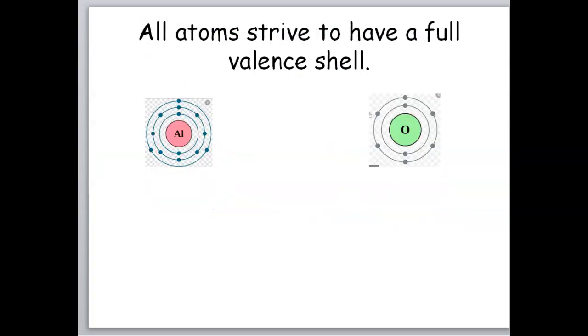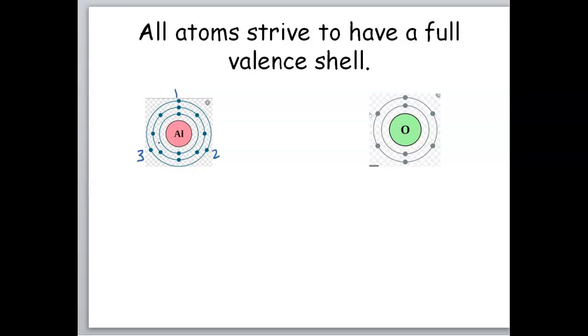Let's work through our last example. Our last example is one where we have aluminum and oxygen. Again, we ask ourselves, has aluminum reached that noble gas configuration, or does it fulfill that octet rule? And when we look at our valence electrons, because it's all about valence electrons, I see I have 1 valence electron here, 2 here, and 3 here. That means that aluminum does not have the 8 valence electrons that it is looking for to have a full valence shell.